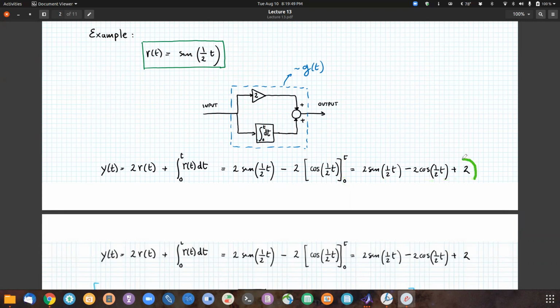And you see that this plus 2 is the fact that the output has been transposed in the y value by a constant. So we're suspecting here that in the S domain, we'll be able to find a pole at the origin for the transfer function.